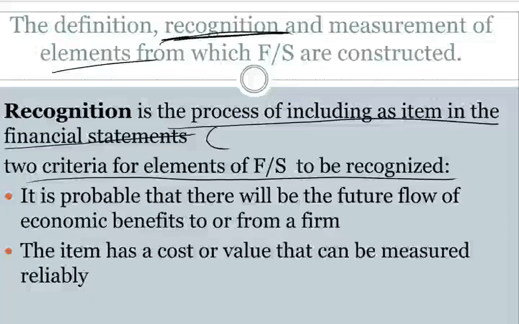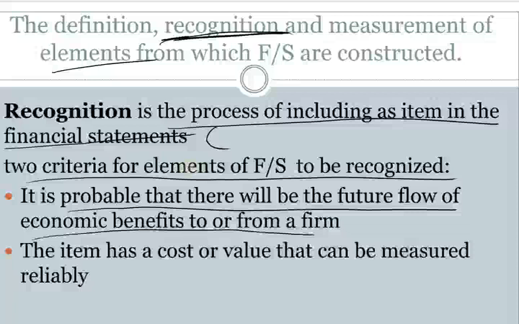So we have two criteria of recognition of elements in the financial statements. The first thing is it is probable that there will be a future flow of economic benefit to or from the firm. And the item has a cost or the value can be measured reliably.